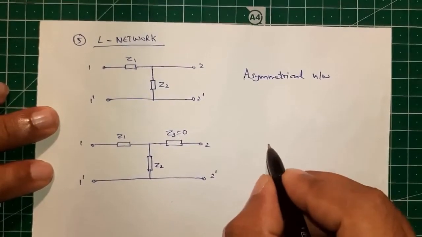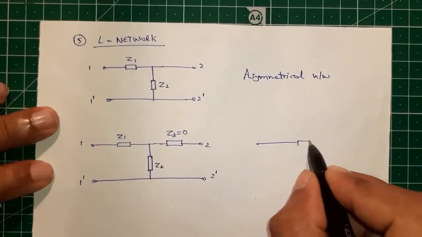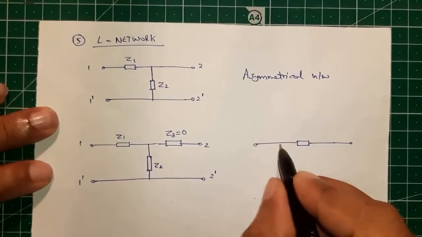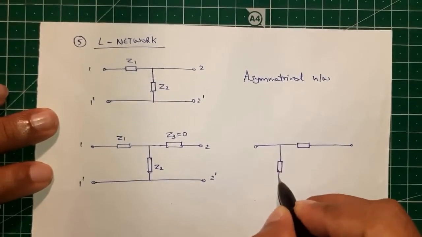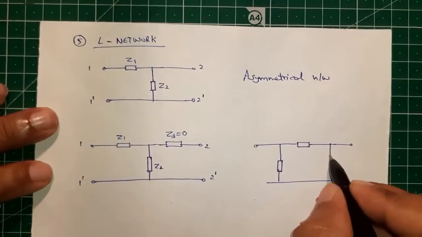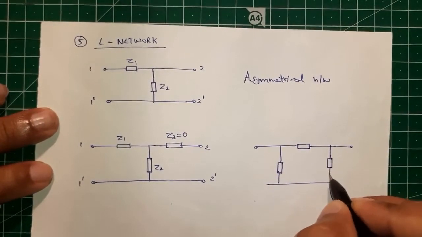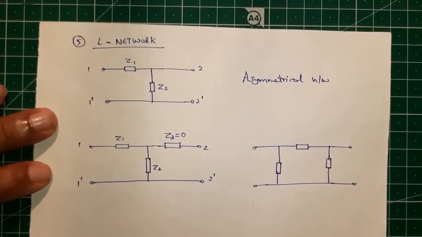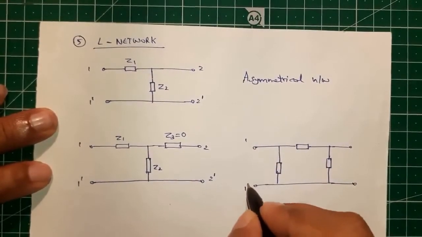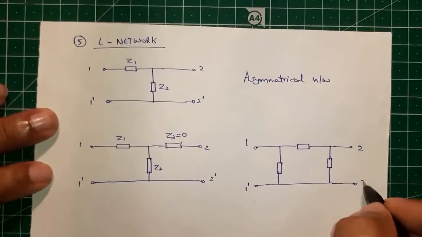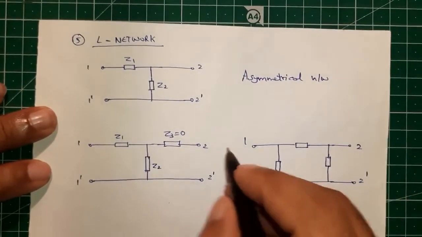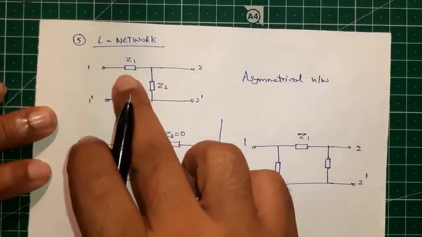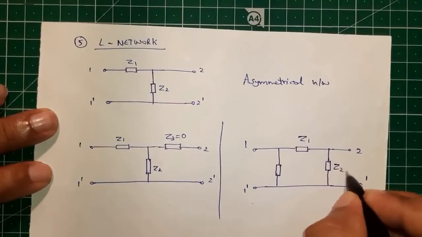Similarly, if we consider a pi network like this, this is Z1, Z1, and this is Z2.